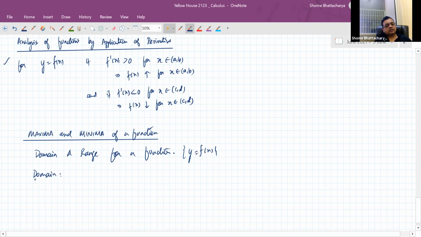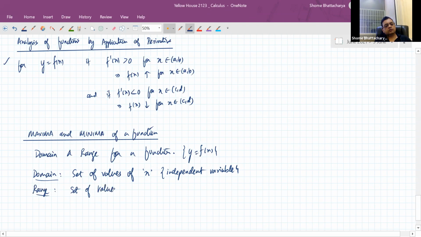Domain is defined as the set of values of x, that is the independent variable. And the range of the function becomes the set of values of y, or the dependent variable, for the corresponding domain.